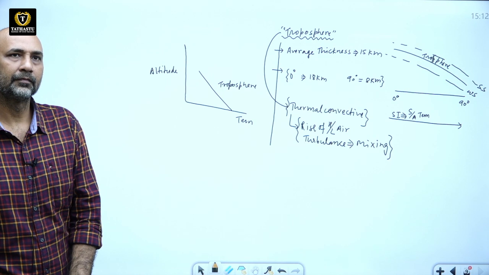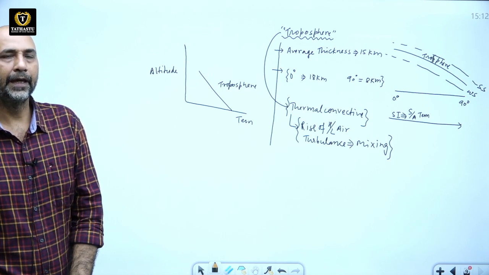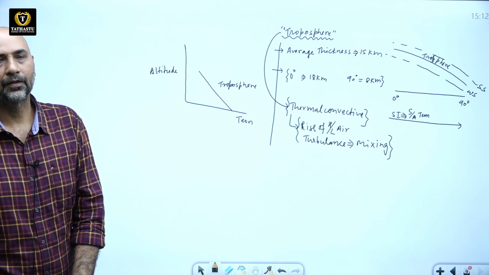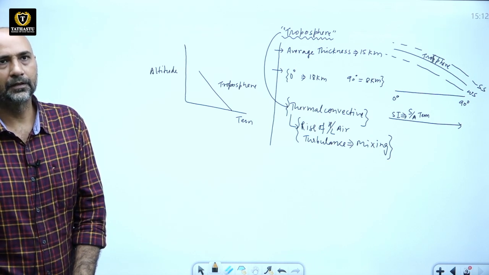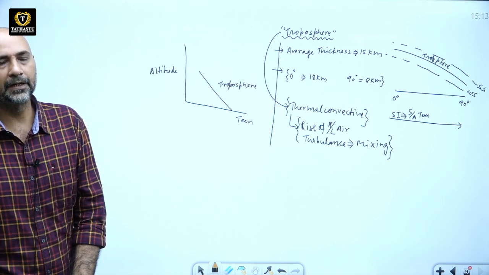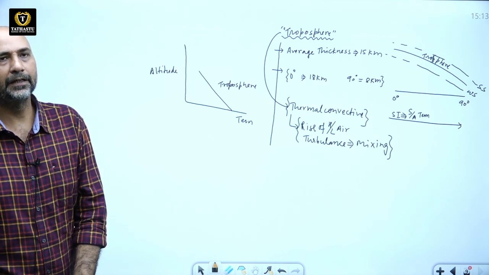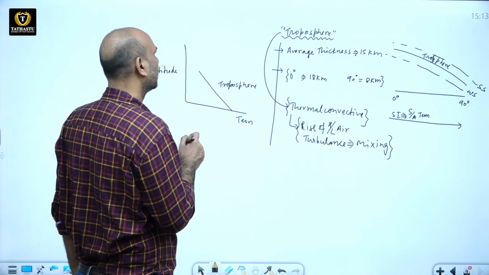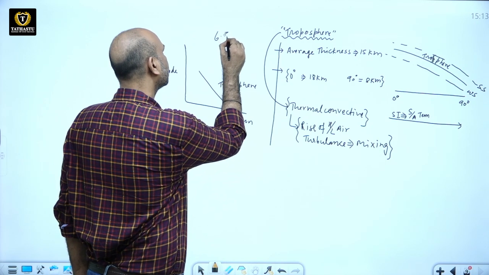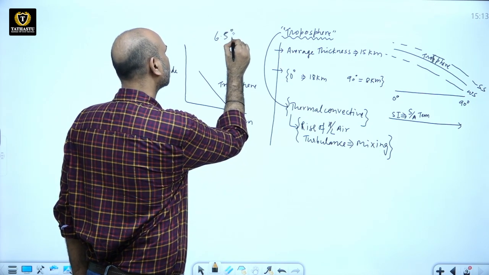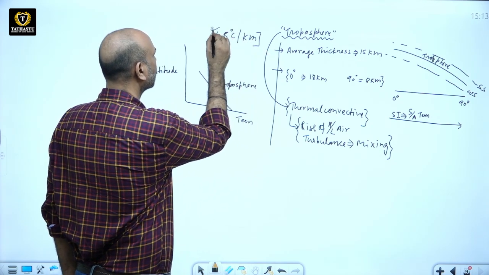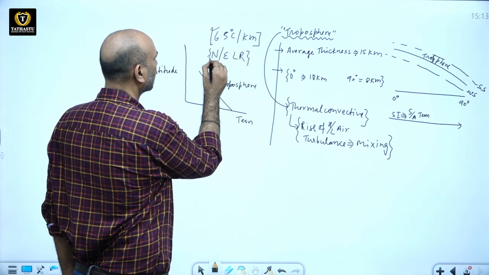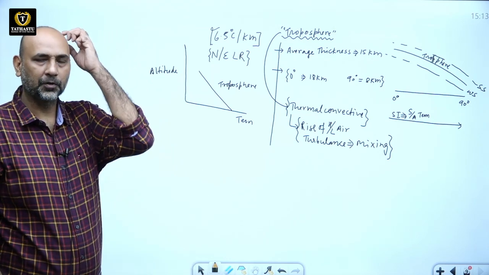Second, air is thick close to the surface of Earth. And third, the amount of water vapor, dust and suspended particulates which capture and retain heat is high close to the surface of Earth. And what is the rate of change of temperature? It is 6.5 degrees centigrade per kilometer. It is known as the normal environmental lapse rate. This is the rate of decline of temperature in the troposphere.